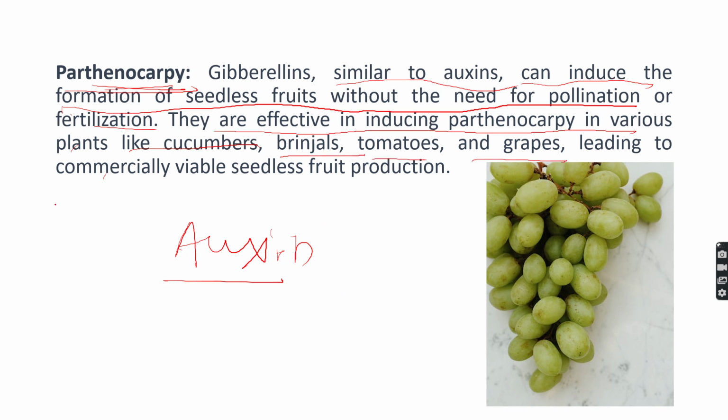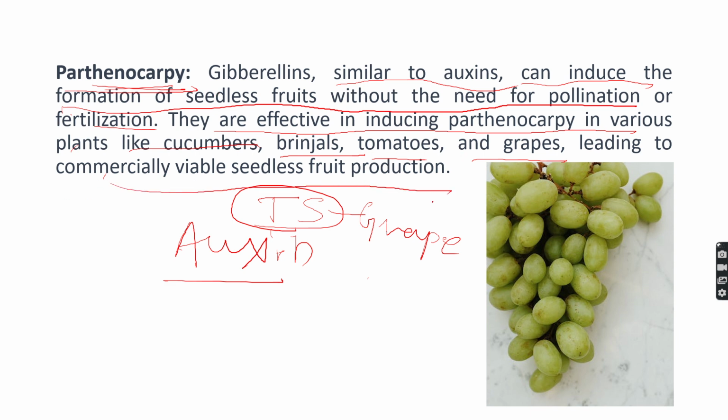One variety is the Thompson seedless variety of grape, which produces seedless fruits because of the presence of these gibberellins, leading to commercially viable seedless fruit production. Because of seedlessness, fruits are more preferred by consumers, so that's why these are commercially viable fruits.